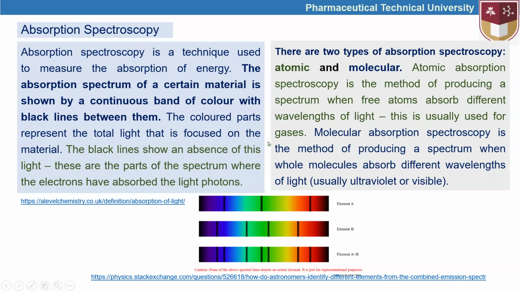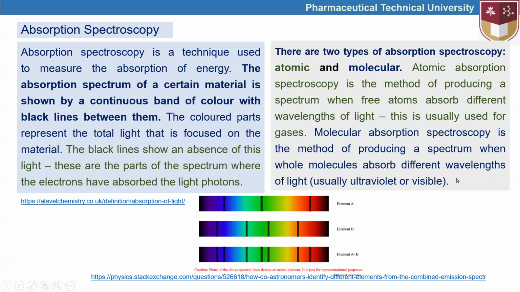This is usually used for gases. Molecular absorption spectroscopy is the method of producing a spectrum when whole molecules absorb different wavelengths of light, usually ultraviolet and visible light. Again, let me recommend you watch the ultraviolet and visible spectroscopy video in the same playlist before this lesson.